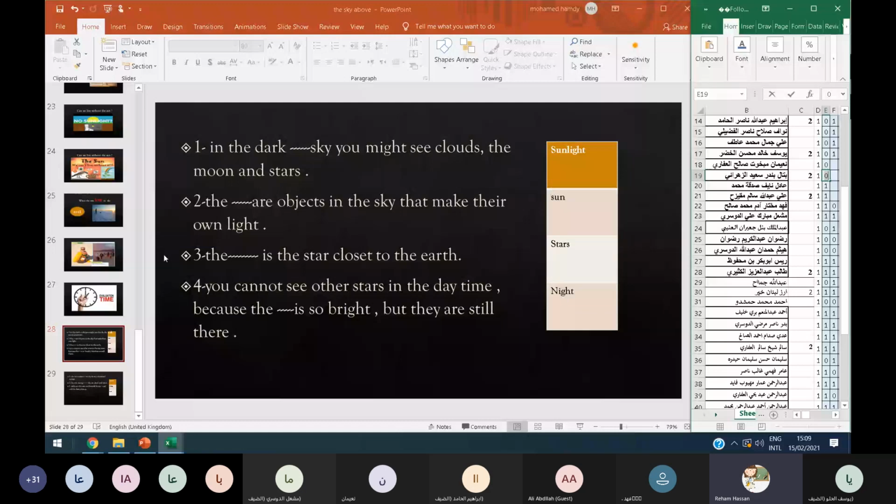If I tell you about the sun, can we say are or is? So sun or stars are objects in the sky that make their own light. We can see them in the night. Yes, Battal? Sun, stars, in the night.